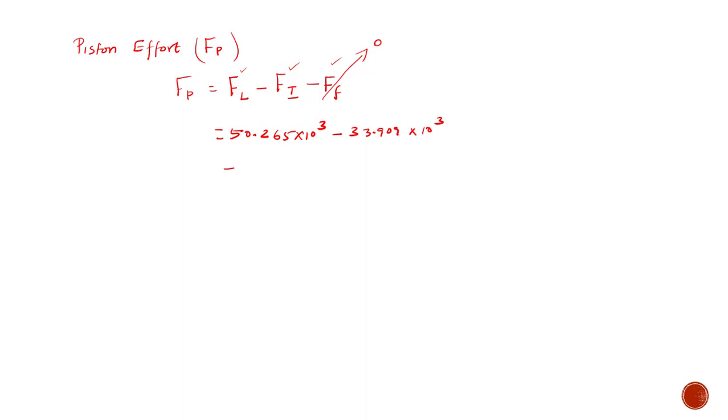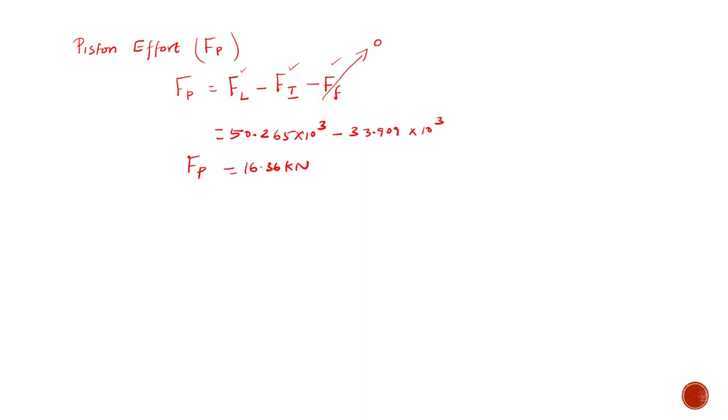So this value is 16.36 kilonewton. The piston effort is calculated, which is equal to 16.36 kilonewton. In this equation we made a simple modification because the frictional resistance is not provided. As it is not given, we have taken that as 0.